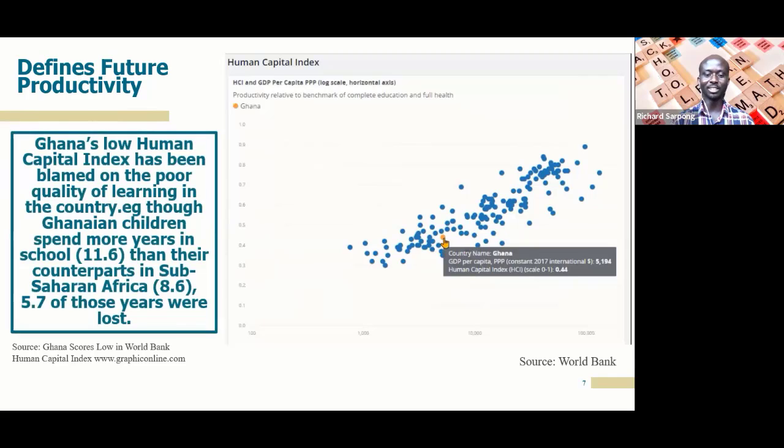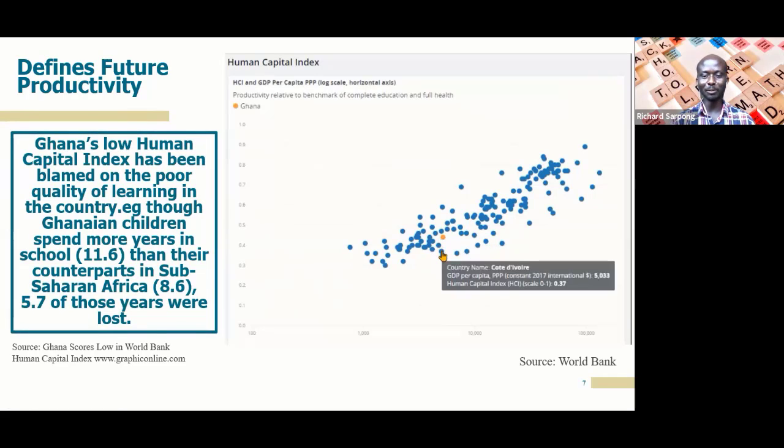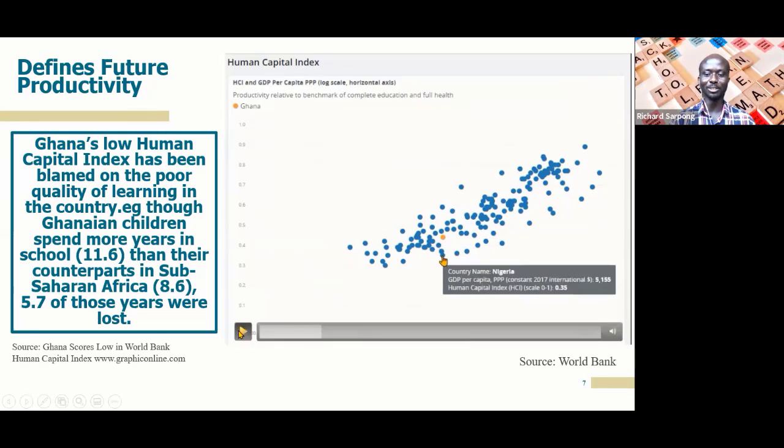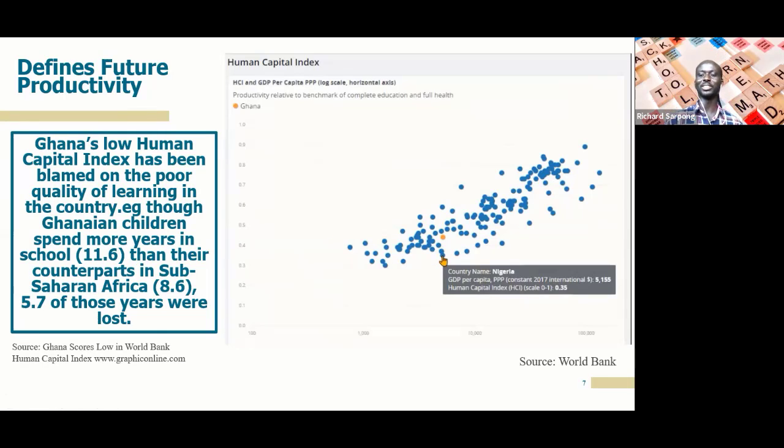So if you look at the data, it clearly tells us that newborn babies in this country can realize about 44% of their productive ability, even though they are 95% likely to live, they are most likely to lose about 56% of their potential, right? And this is blamed on the quality of learning that happens in our classrooms across the country.